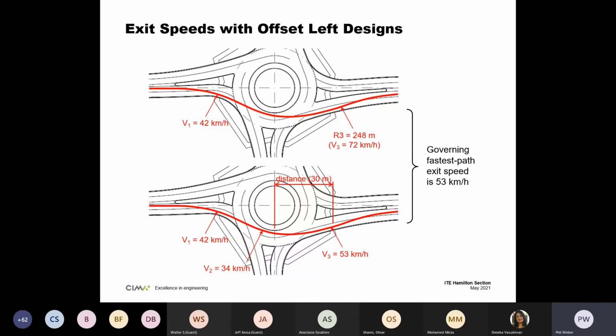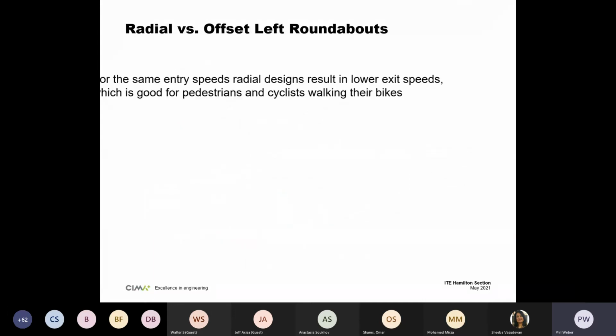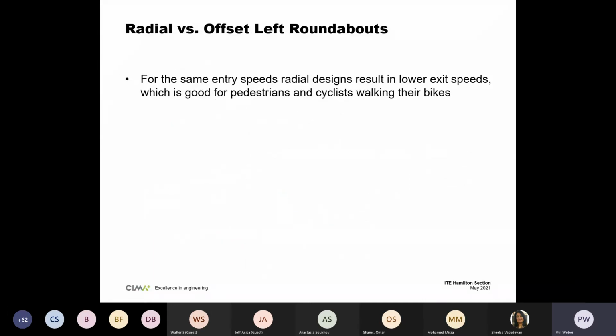With the radial design, we have a larger footprint, but we have a slower exit speed by 5 kilometers an hour, which is significant. That's a trade-off with these designs. So for the same entry speeds, radial designs result in lower exit speeds, which is good for pedestrians and cyclists walking their bikes.